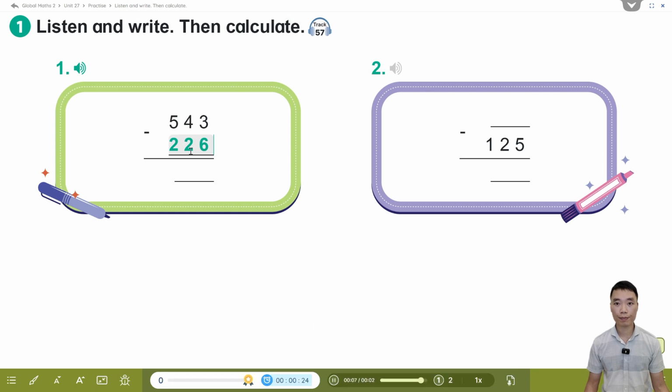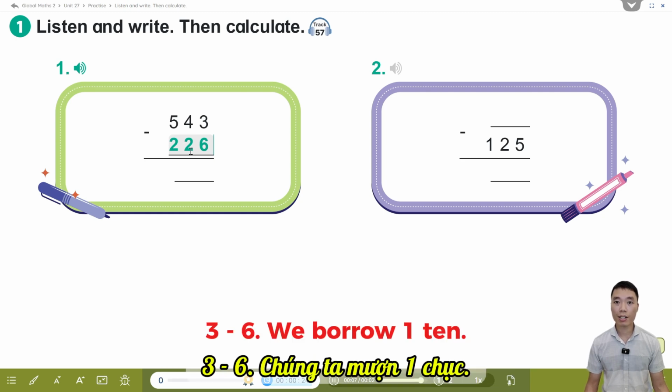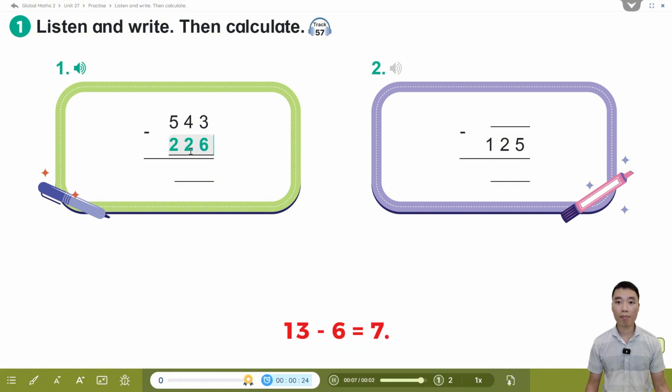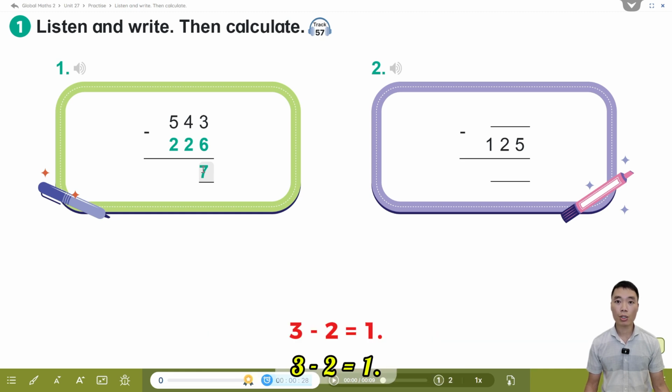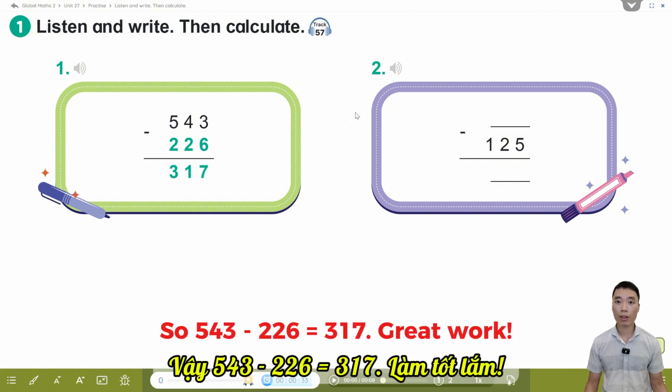Let's subtract. 3 minus 6, we borrow 1 ten. 13 minus 6 equals 7. 4 tens become 3 tens. 3 minus 2 equals 1. 5 minus 2 equals 3. So 543 minus 226 equals 317. Great work.